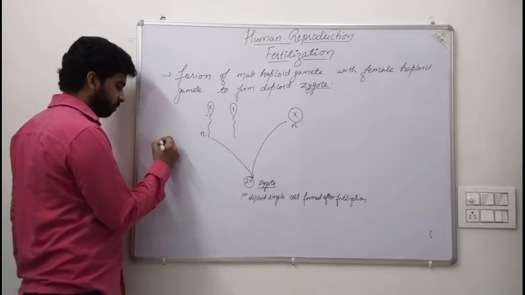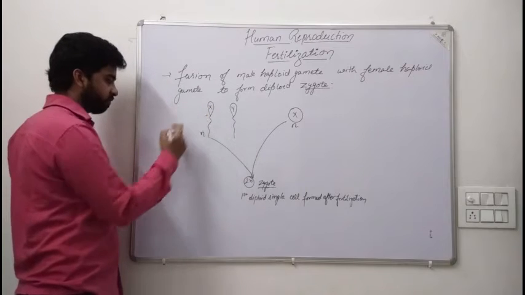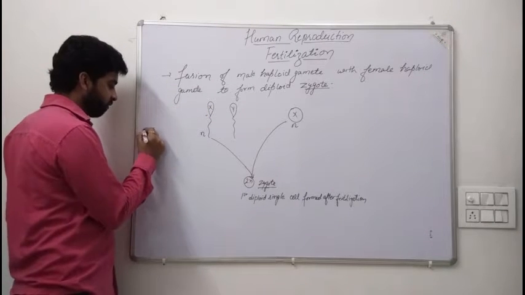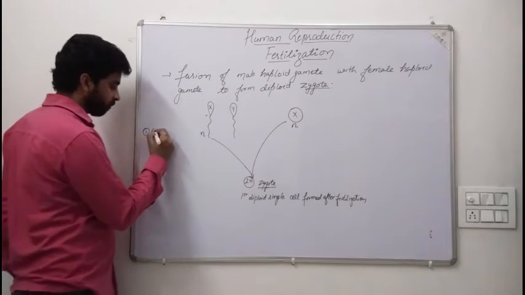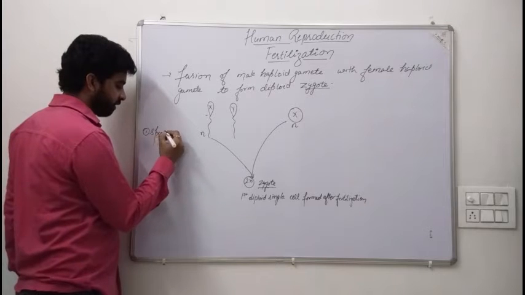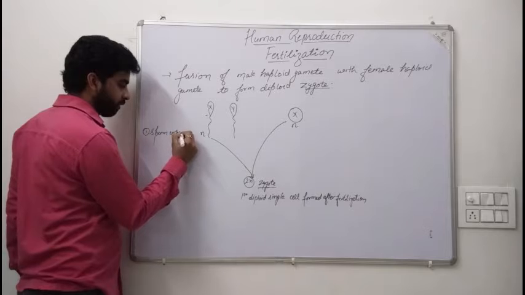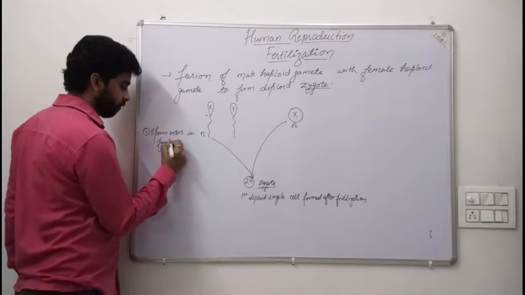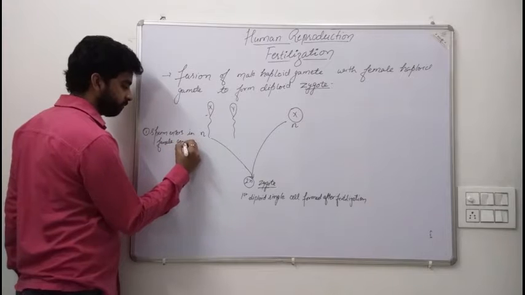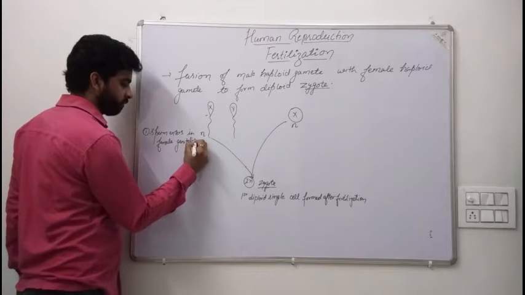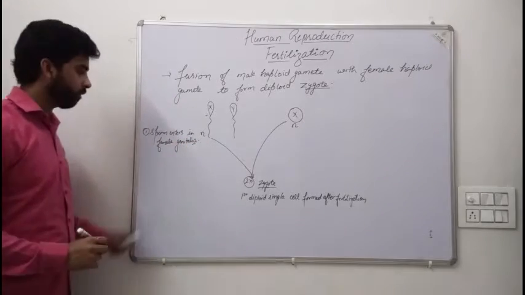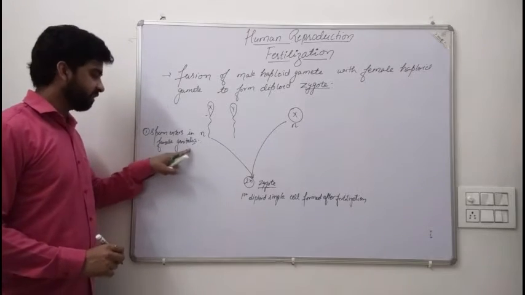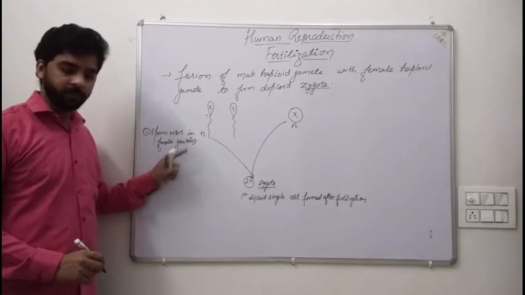Haploid number of chromosomes, that's a sperm. We are going to talk about sperm. First of all, the sperm enters in female genitalia.